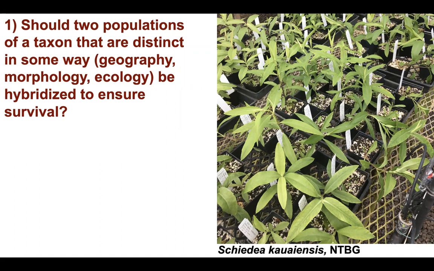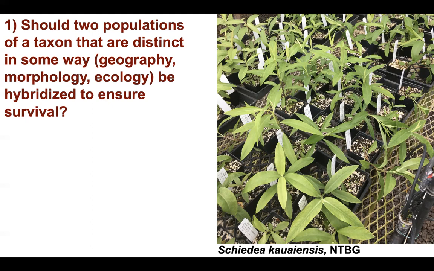And that's exactly what happened in Schiedea kauaiensis, which you see here. These are flats of seedlings from the National Tropical Botanic Garden, which is a partner with us in our Schiedea project. There are very, very few of these left in the wild, and individual populations have become inbred to the point where their fitness has been impacted negatively.